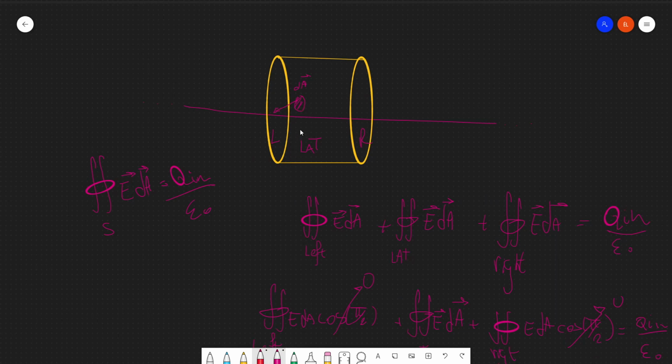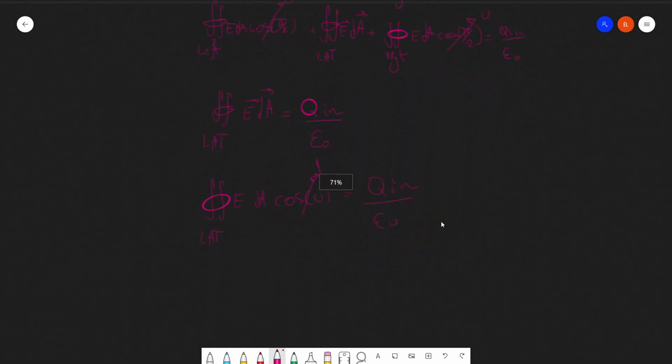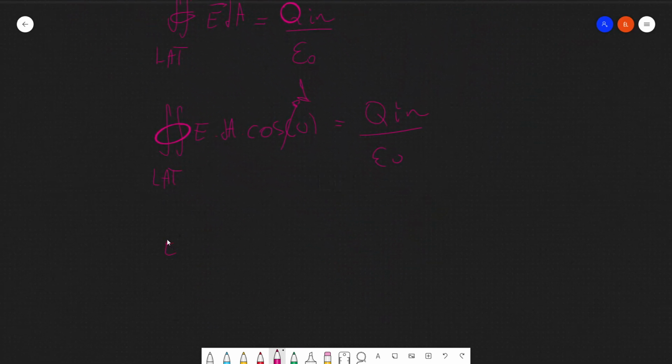So is the electric field, which means I can rewrite this no longer as a vectorial product but as E times dA cosine of 0, which equals Q in over epsilon 0, and cosine 0 is 1. Since the electric field is constant, we can just pull it out.